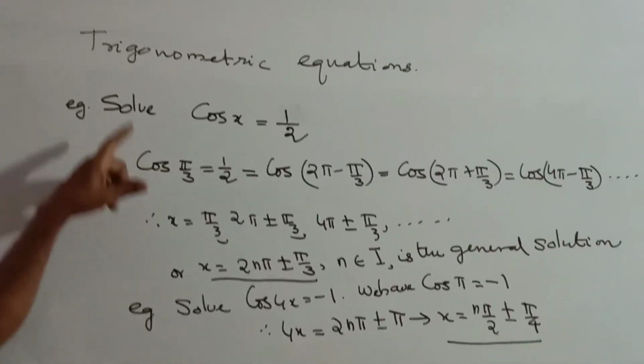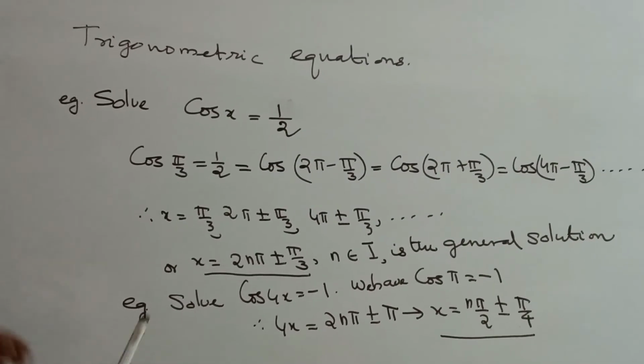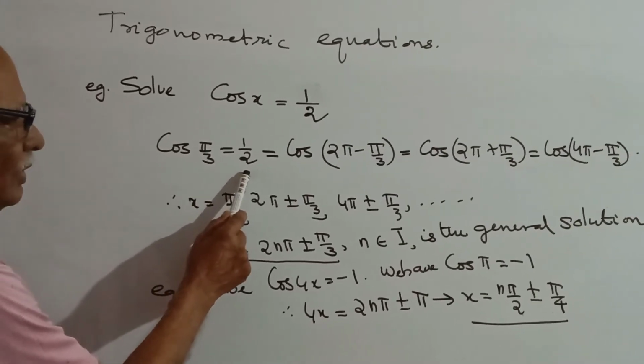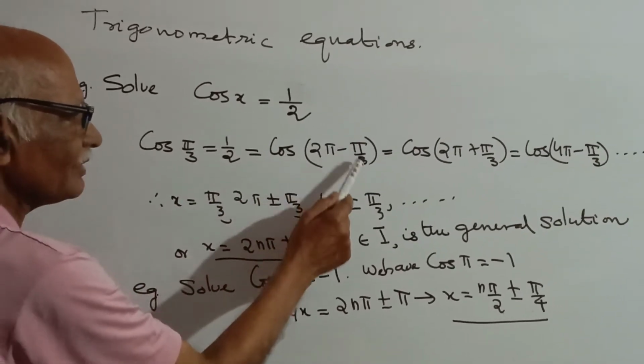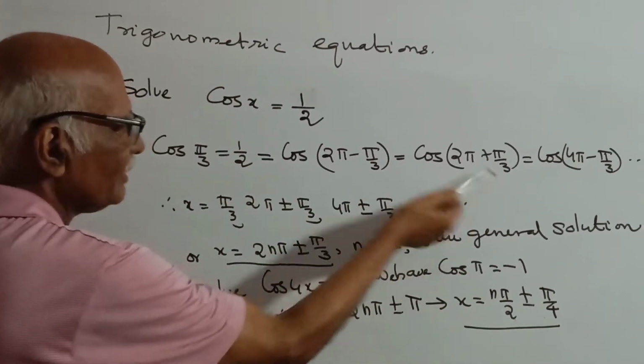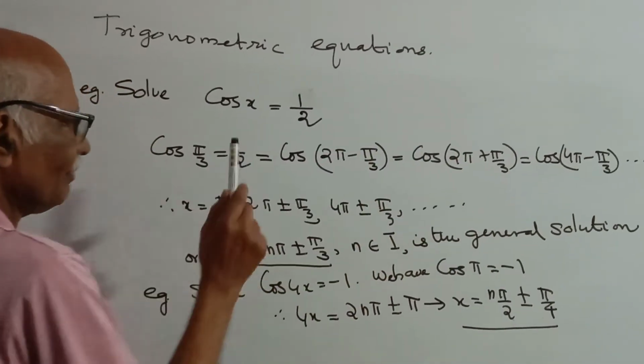Okay, we consider cos x = 1 by 2. We know cos(pi by 3) is 1 by 2. Again, cos(2 pi minus pi by 3) is 1 by 2. Cos(2 pi plus pi by 3) is 1 by 2. Cos(4 pi minus pi by 3) is 1 by 2.